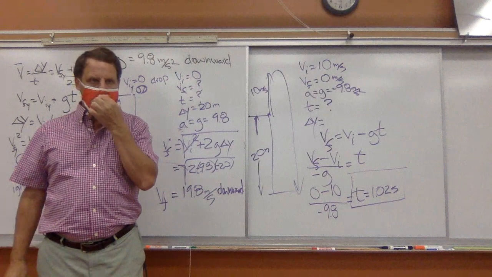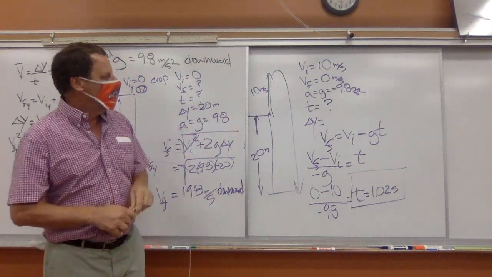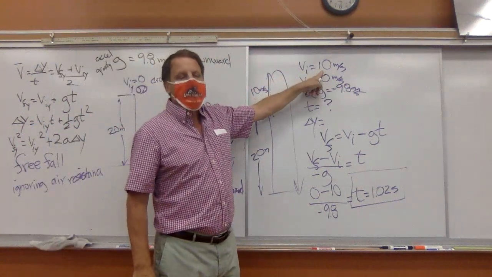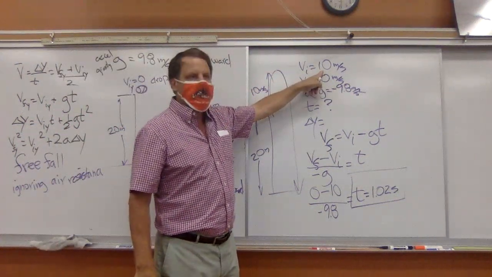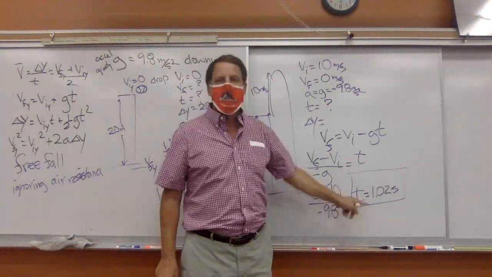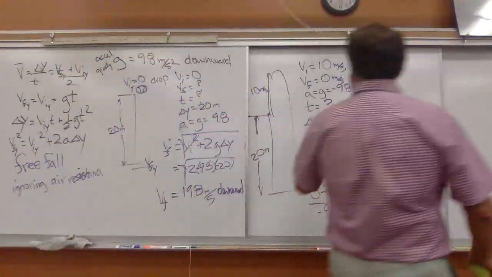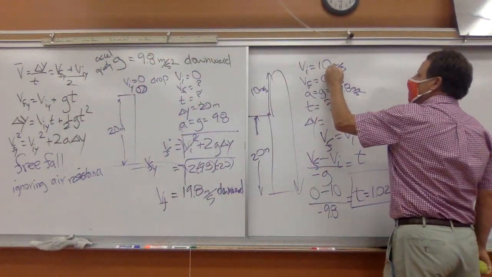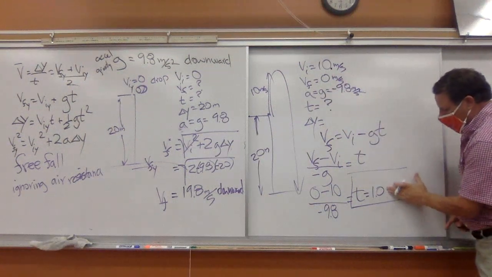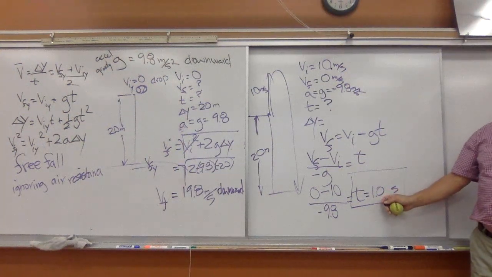And if we round this, and oftentimes when I am making up a problem, I don't pay particular attention, and I should, to the significant digits here. So that 10 meters per second is only one significant digit. And if that's one significant digit, when I get down here to the time, it would be 1 second. Now, if I put a decimal point here, then we could say 1.0.